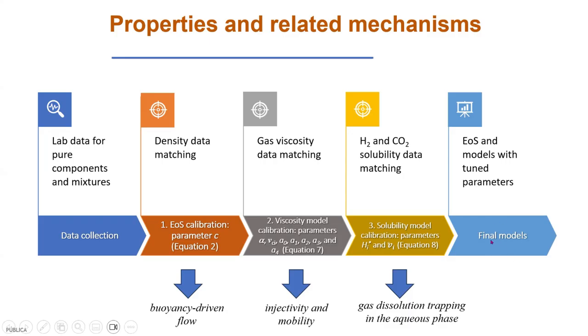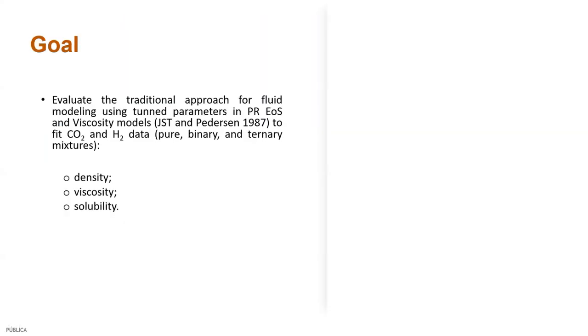And the final result for this process is the final model. So at the end of the day, you will get the equation of state calibrated, the correlation for viscosity calibrated, and the final solubility model calibrated as well.